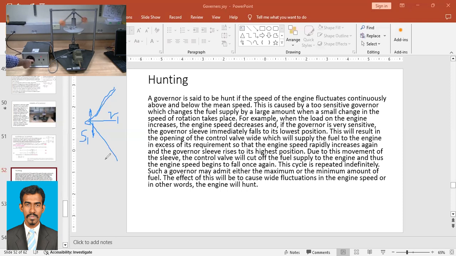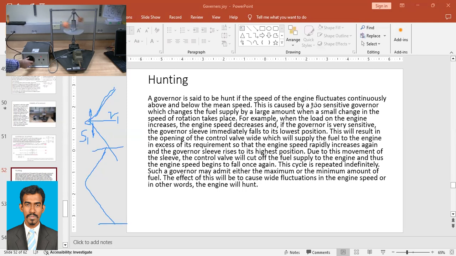If it is oversensitive, for a small change in the speed there could be a very large change in the lift. This may supply an excess amount of fuel, or it may stop the fuel completely. So both extreme ends, maximum fuel supply or complete stoppage of fuel. This is the problem with the oversensitive governor.